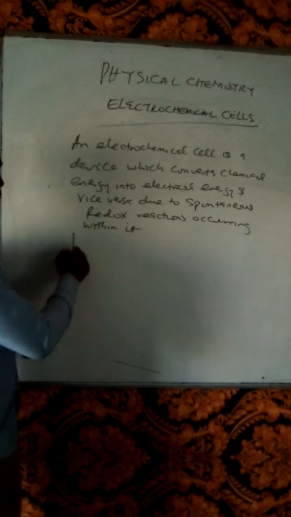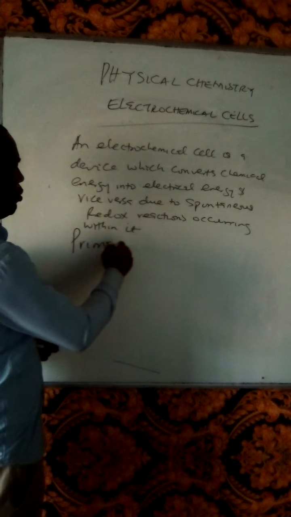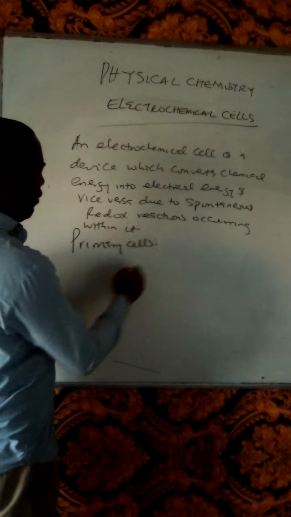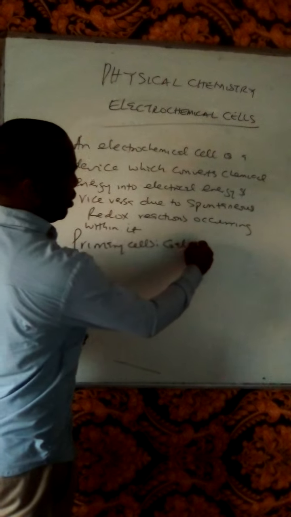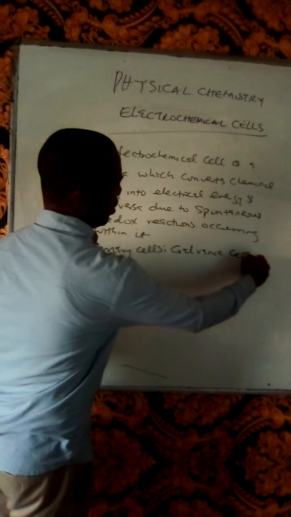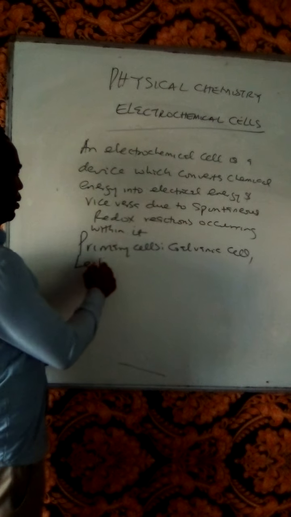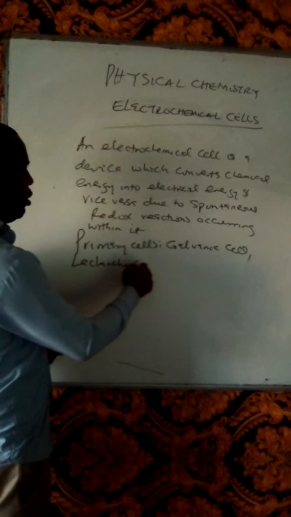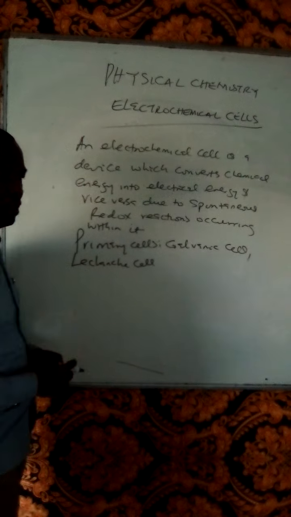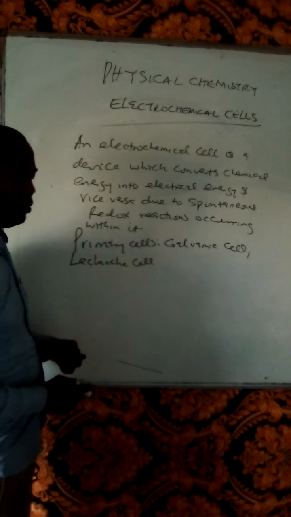So an electrochemical cell is sometimes called a battery. Then there are two major types of electrochemical cell. We have the primary cell, and we also have the secondary cell. Examples of primary cells include the galvanic cell, otherwise known as the voltaic cell, and the Leclanché cell. There are two kinds of it: you have the dry cell and the wet cell under the Leclanché cell.